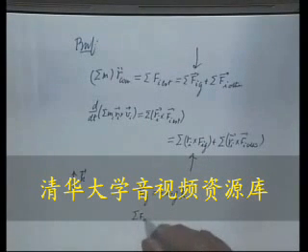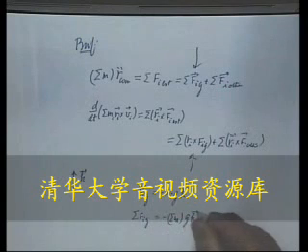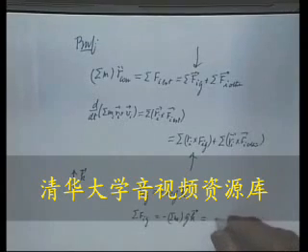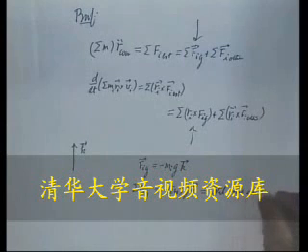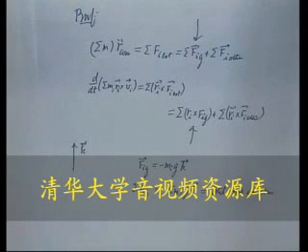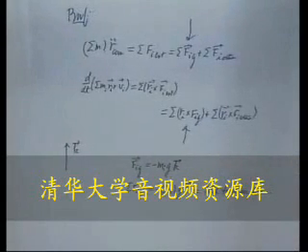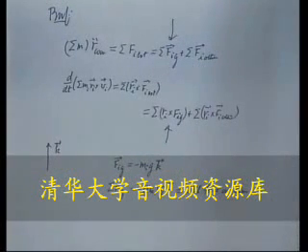So summation of Fi gravitational is equal to minus summation of m_i g k, which is equal to the total force on the center of gravity. So this part is the gravitation. We have proven for this part that the action on the whole body is equivalent to the action on the center of mass.